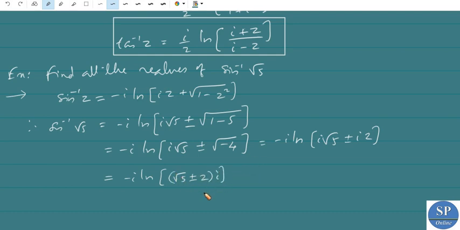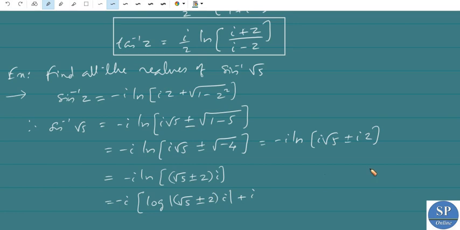Okay, so by using the definition of ln, we have ln of this equal to log of the modulus of root 5 plus or minus 2 into i, plus i into the argument of this.